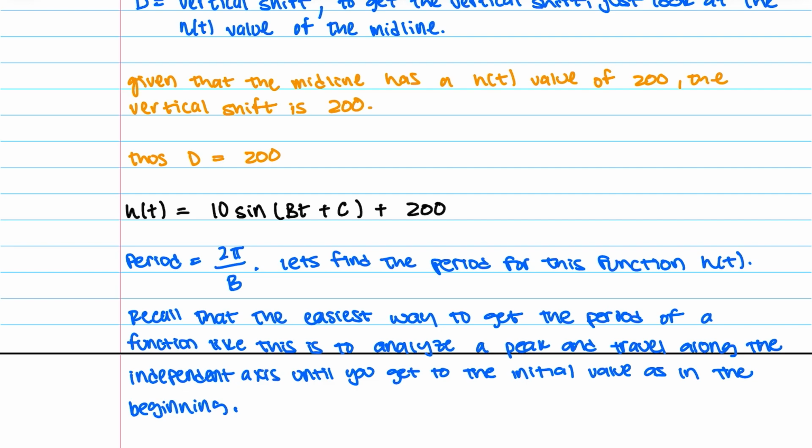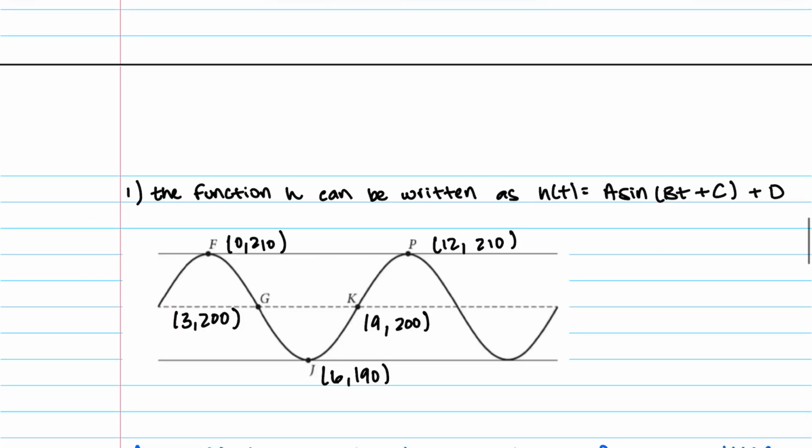One of the easiest ways to get the period of a function like this is to analyze a peak and travel along the independent axis until you get to the initial value, as in the beginning. If we go up to our picture, we have a peak right here at the letter F. At t is equal to 0, we have a value of 210.